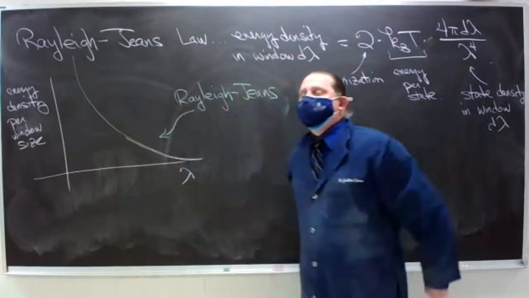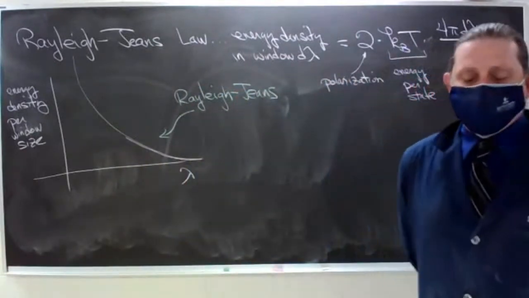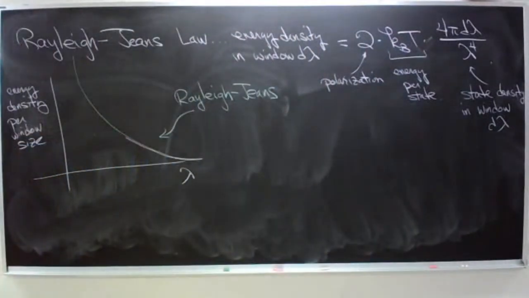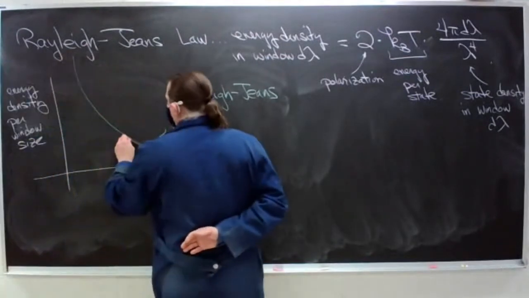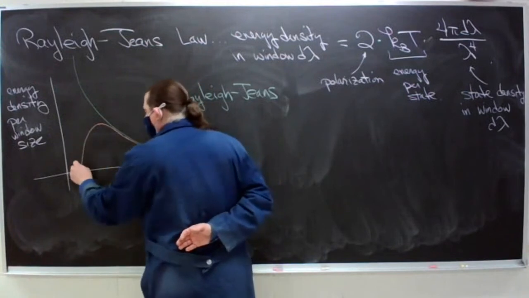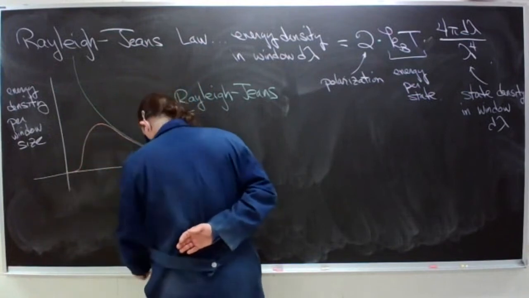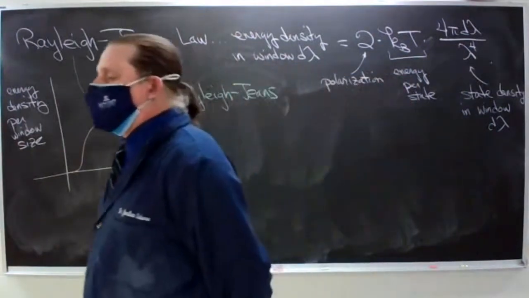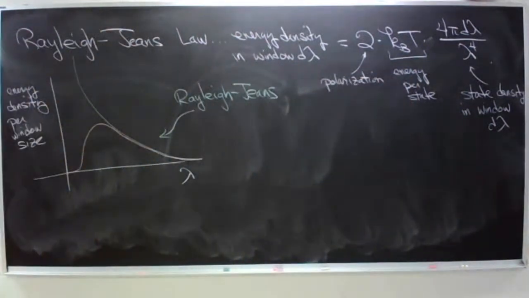And what we find is that experimental data follows this Rayleigh-Jeans law quite closely until we get to small enough wavelengths where it dramatically deviates from the Rayleigh-Jeans law.